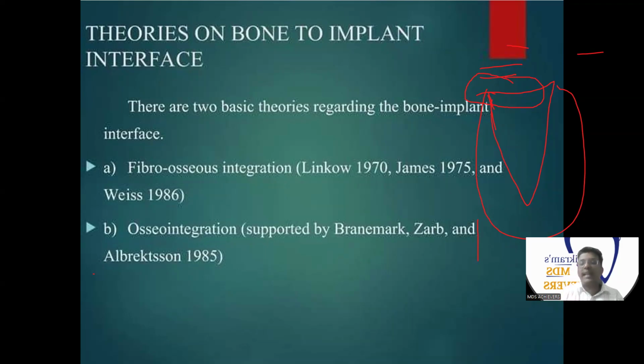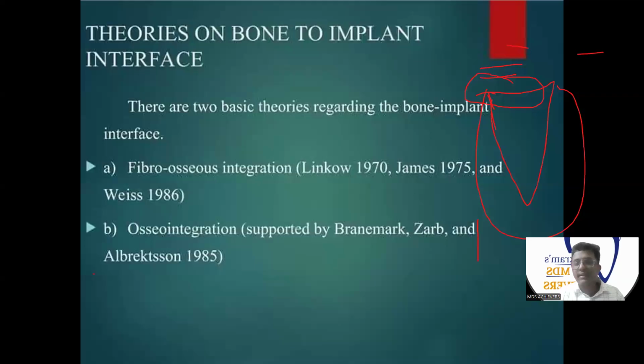This is one factor, but it can be of many factors. Fibro integration generally occurs when there is some discrepancy, or the implant is not properly placed in the bone, or also if some kind of infection is present.